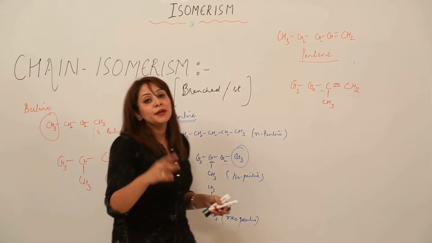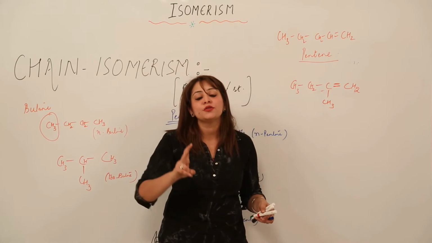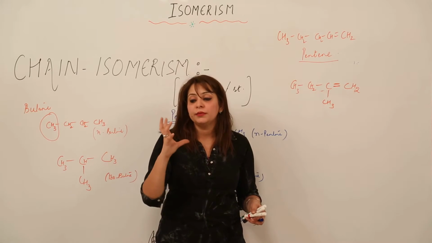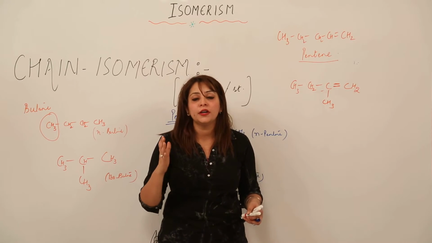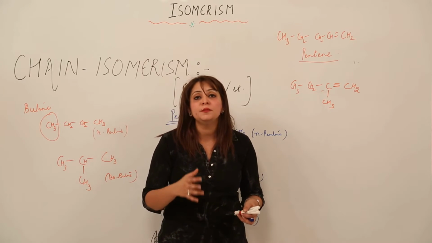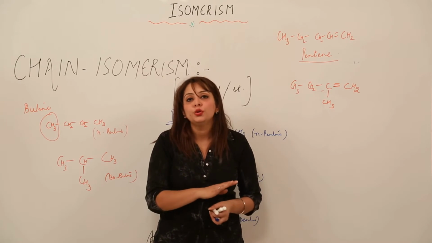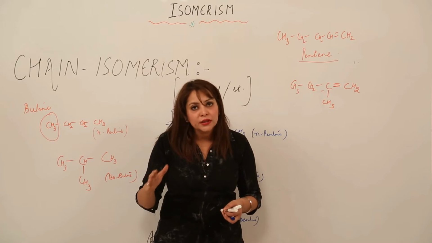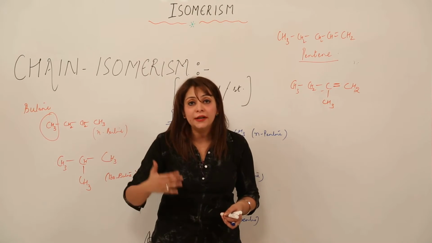So, this is how I have shown you that you can make chain isomers by just condensing the chain. But you have to keep two things in mind: to show chain isomerism, the chain must be of a minimum of 4 carbon atoms, not less than that, because meth, eth, and prop do not show this kind of isomerism, as they cannot be further condensed.